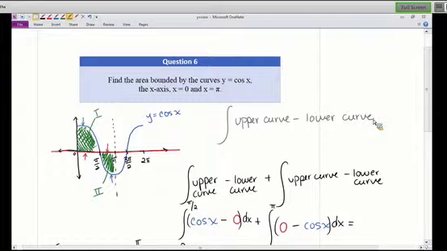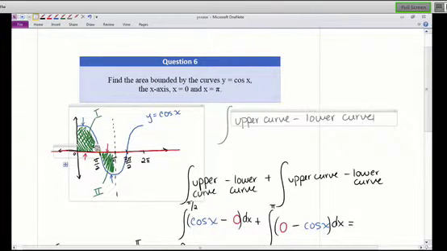Now notice that we're trying to find the area of two bounded regions, what I have in green, which means that we're going to be evaluating two different integrals, okay? But it's always going to be the upper curve minus the lower curve.